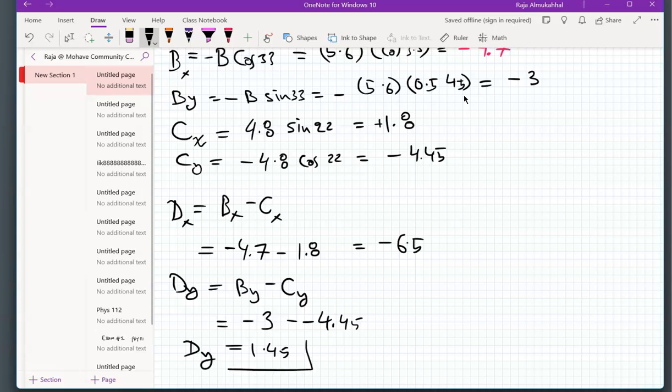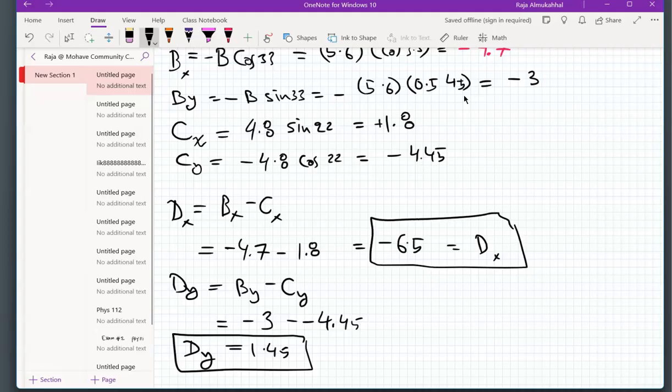There we go. So d sub x is -6.5, and d sub y is 1.45. And now I want to get d.